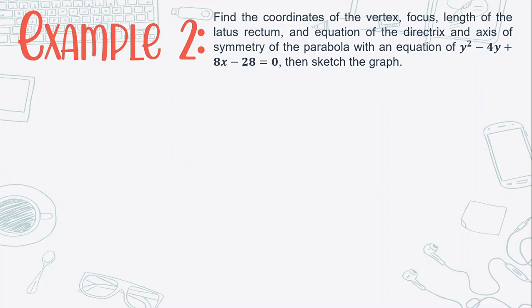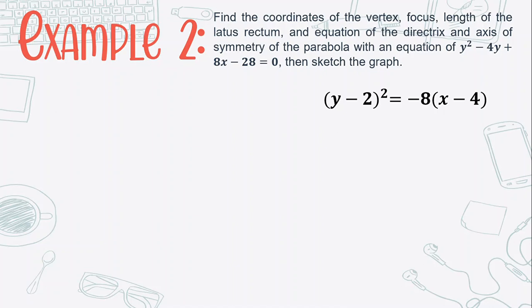Again, our equation in standard form is quantity y minus 2 squared is equal to negative 8 times x minus 4. Now, by just looking at our standard form of equation, we can determine the coordinates of the vertex of our parabola. Let's recall that in circles, we can get the center by getting the values of h and k from the standard form of equation. It is the same with parabolas. But always remember that h is always the one beside x and k is always the one beside y.